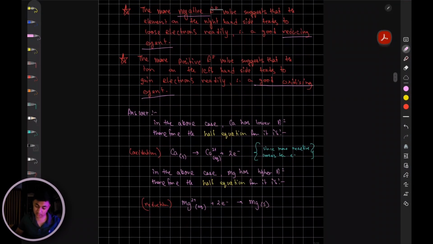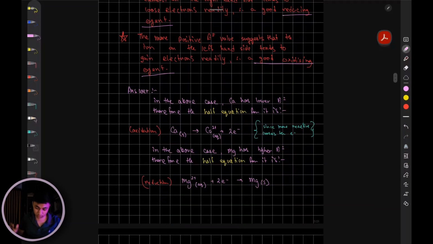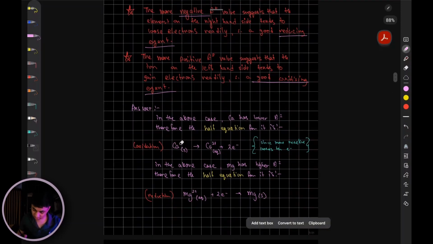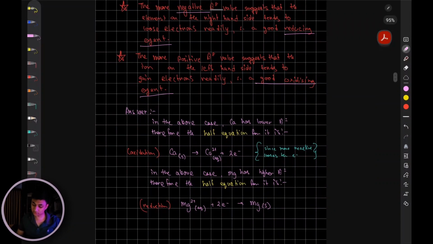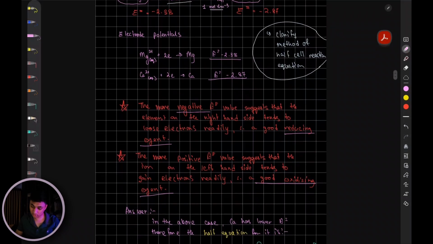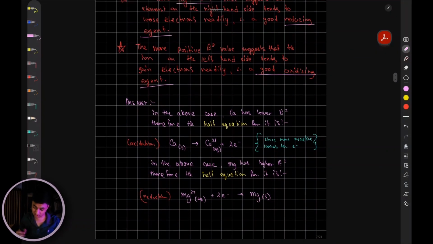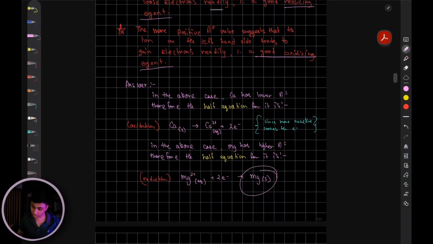Let's calculate it. So we know where oxidation is taking place over here, right? It's going to lose the electrons. Why? More negative electrode potential, right? Fair enough. Now, where is reduction taking place? Over here. It is going to gain the electrons, forming the solid.